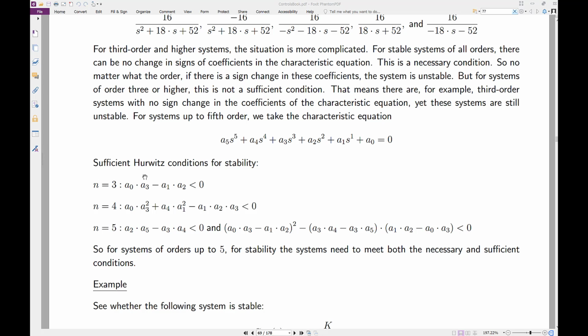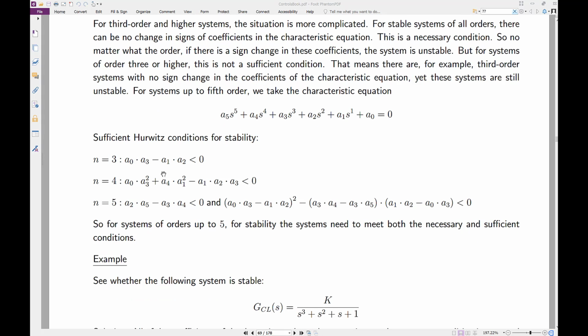And so you focus on the first 1, 2, 3, or in this case 5 poles. If you need to go higher than that, then you'll have to go back and look at the whole discussion on Routh-Hurwitz stability criteria. But I give it for orders of 5 and down, and that should suffice for most of the work that you do.